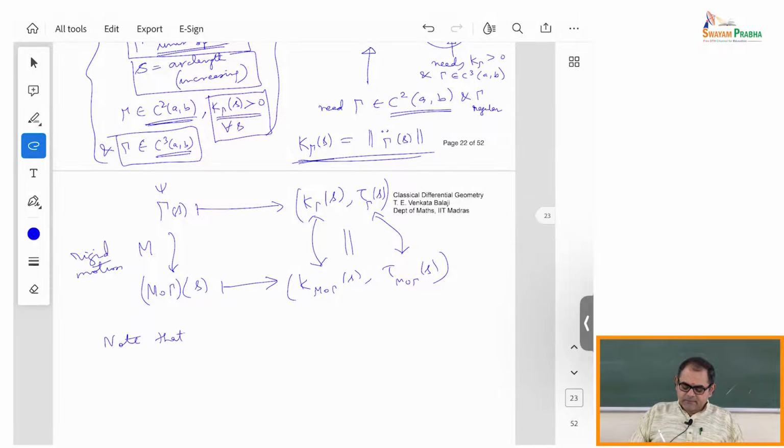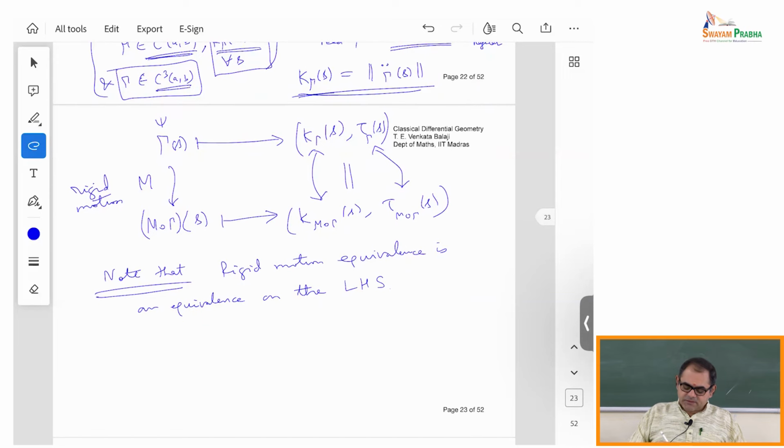Okay, so I will say the following thing. Note that rigid motion equivalence is an equivalence relation on the left hand side.